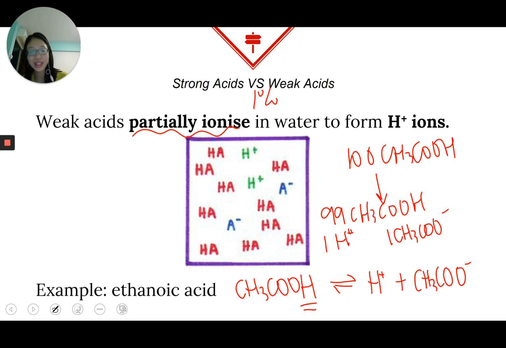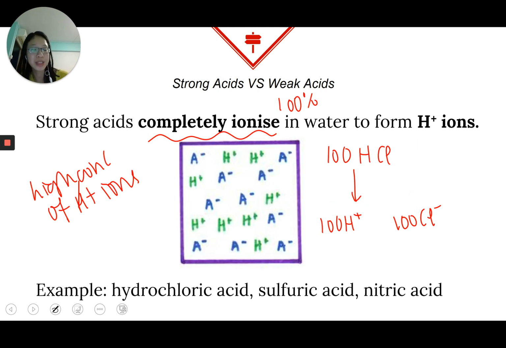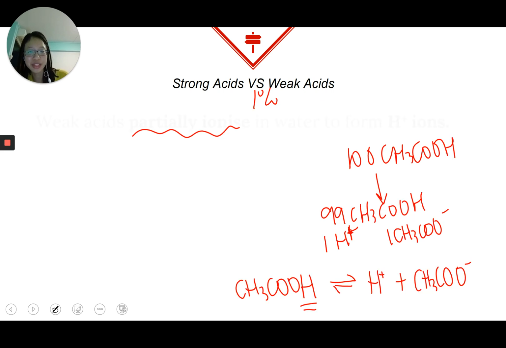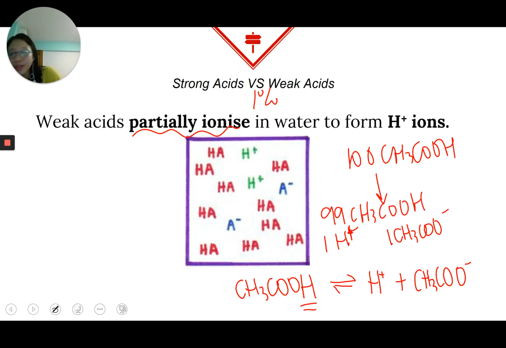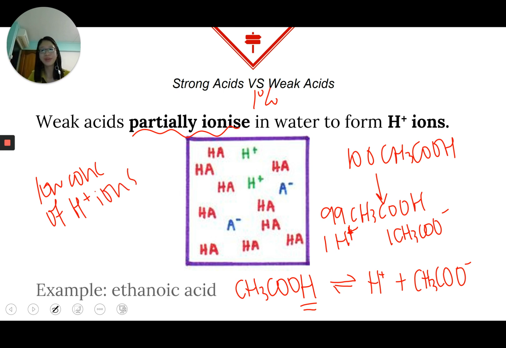You can see that as compared to strong acids, where you have 100 H+, a very high concentration of H+ ions, weak acids have a very low concentration of H+ ions. You need to know the examples.